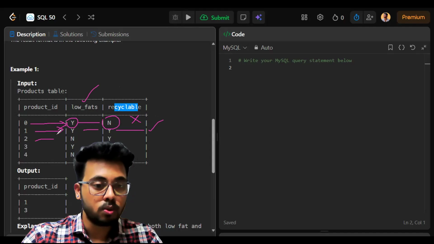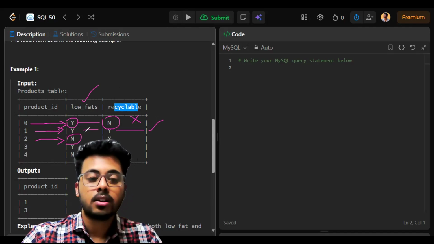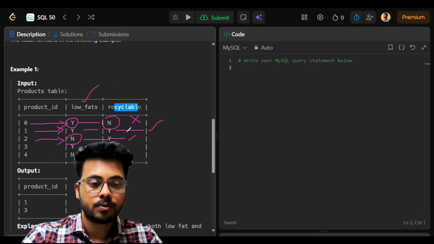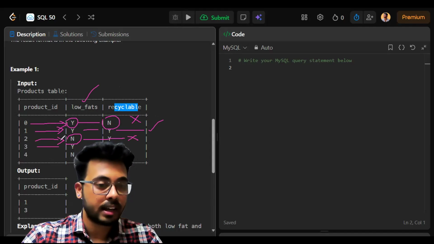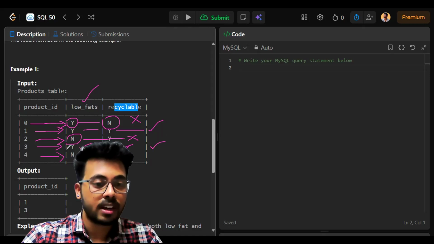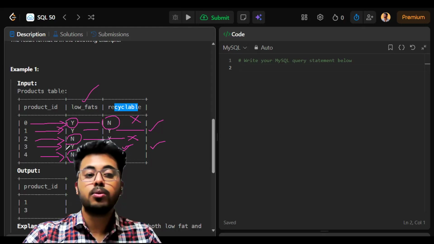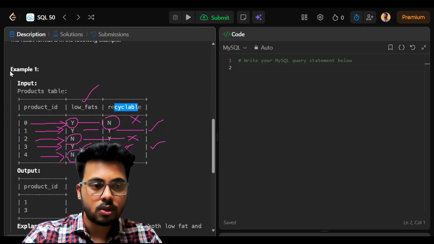If I talk about 2, the product_id has low fat, but the whole case fails over here. Now the third one, again, it is low fat and also recyclable, so we can mark product_id 3 in the output. And if we talk about the fourth, it fails because low fat is not passing the given condition, right? So if we look manually, we will be getting two answers over here. What are the answers?